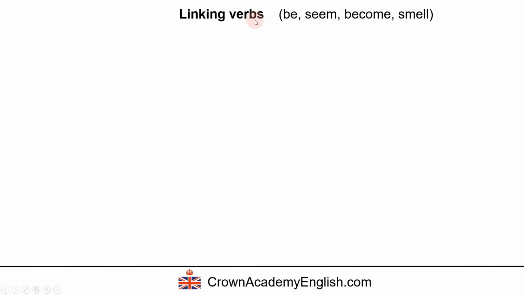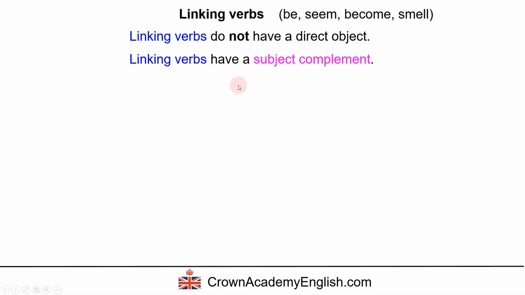Linking verbs. Linking verbs are verbs like be, seem, become, smell, and there are others, but these are probably the most common. Now, linking verbs do not have a direct object. Linking verbs have something else after them, a subject complement.